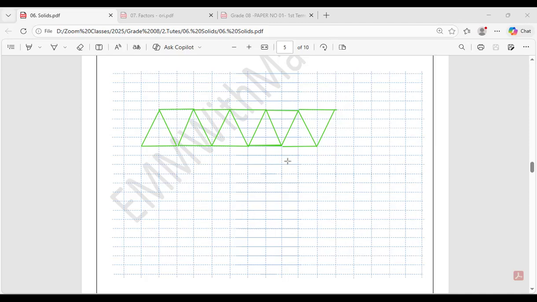Right. So now I have 10 triangles and I told you there are 20 triangles. Now out of 20 I have drawn 10. Where should I draw the other 10 triangles? I will change the color to red.